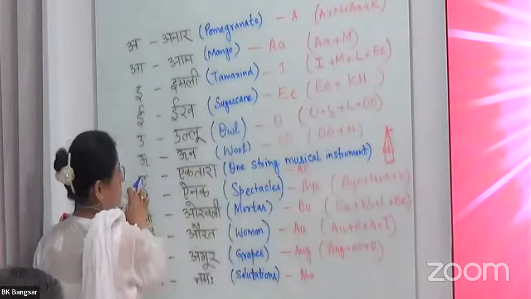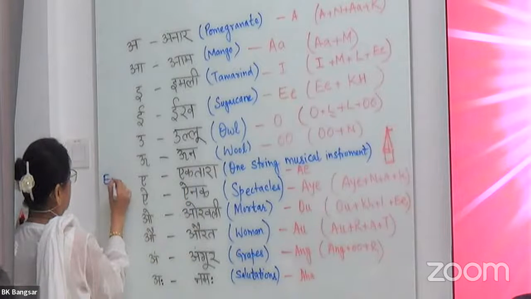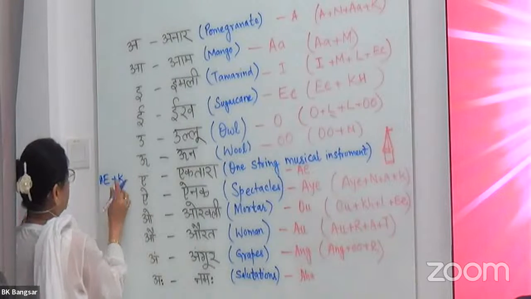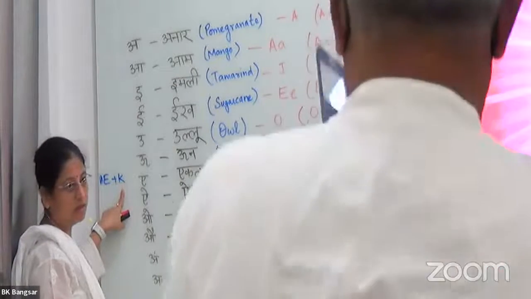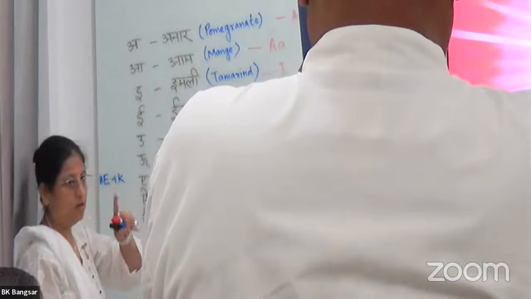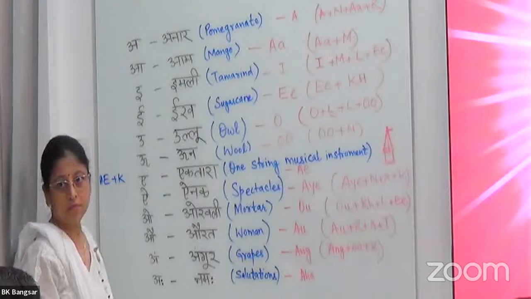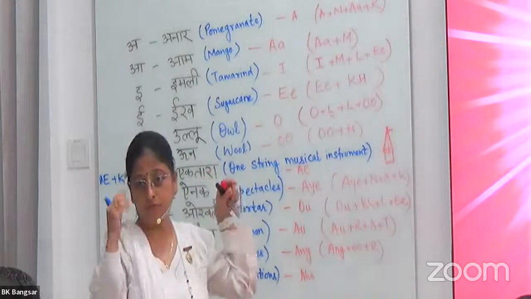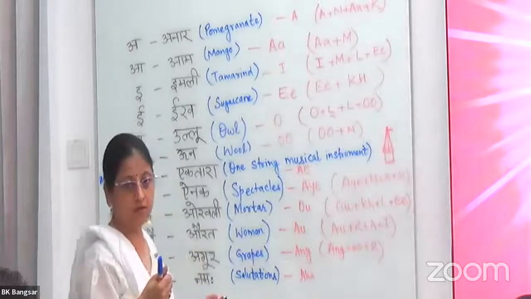But here it is the egg, right? It is AE plus K, egg. You will only write ka. That is ek tara. Ek is one. So that is ek. Otherwise, I'm going to do a Word document and then we can print it out and give everyone one copy as well.